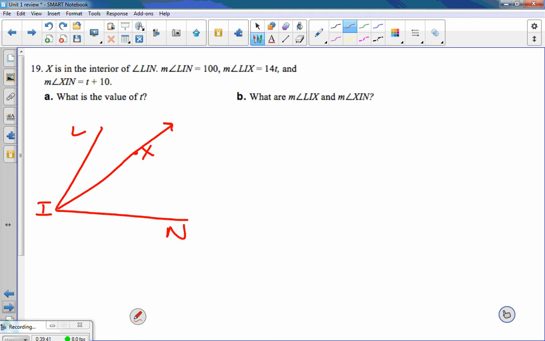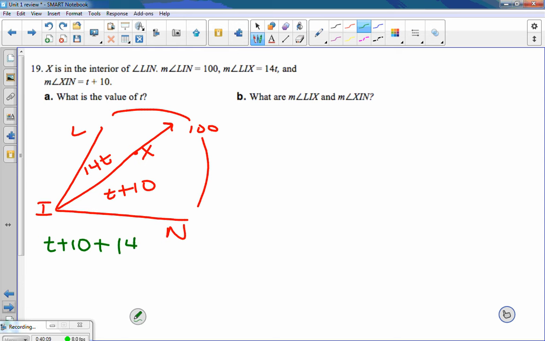If LIN is 100, boom. And LIX is 14t, and XIN is t plus 10. How am I going to set up this equation? I have t plus 10 plus what? Plus 14t is equal to 100.